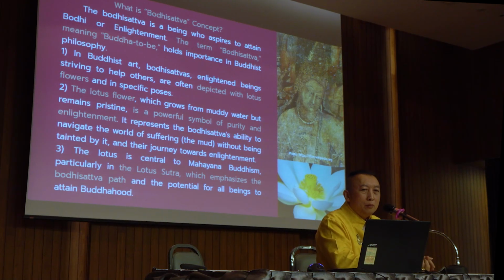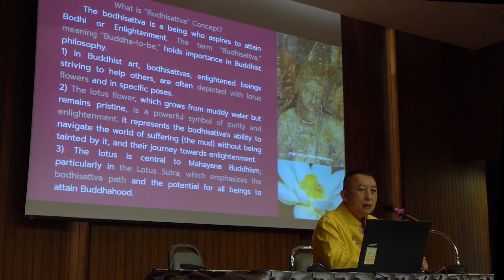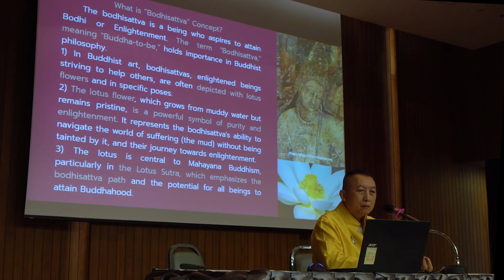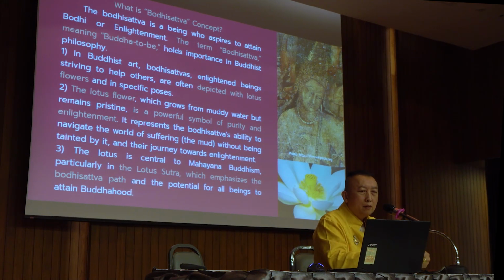So what is the Bodhisattva concept? The Bodhisattva is a being who aspires to attain Bodhi or enlightenment. The term Bodhisattva means Buddha-to-be. In Buddhist art, we have to notice that it always depicts the lotus flower in specific connection.